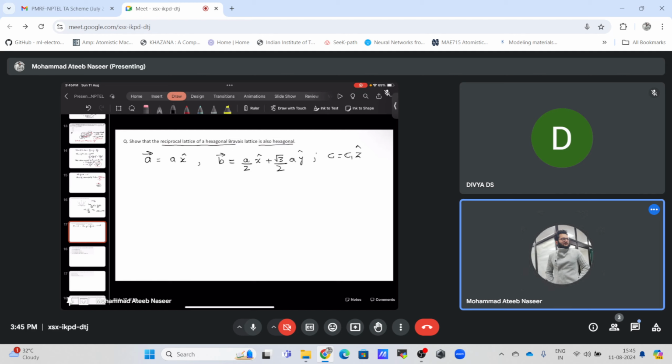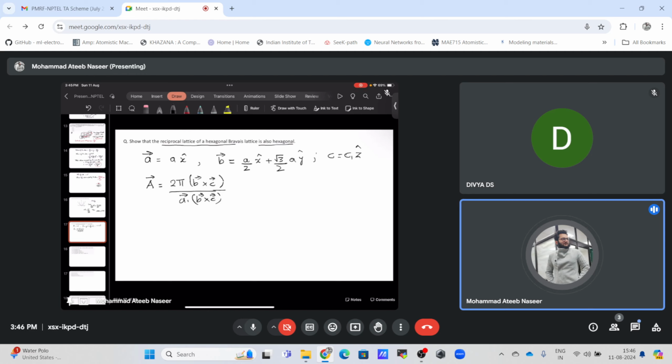Now the professor taught us the reciprocal lattice vector, and the reciprocal lattice vector in the direction of A will simply be equal to 2 pi by volume, where volume is A dot B cross C, multiplied by B cross C. So this is how we find the reciprocal lattice vector for different directions.